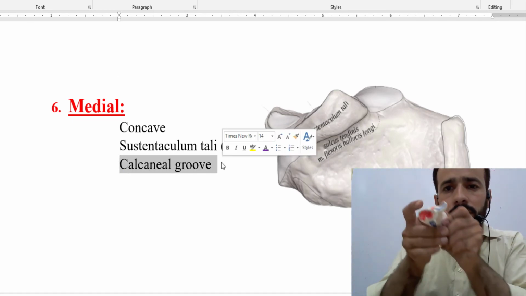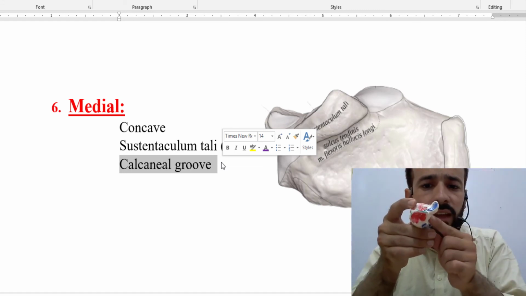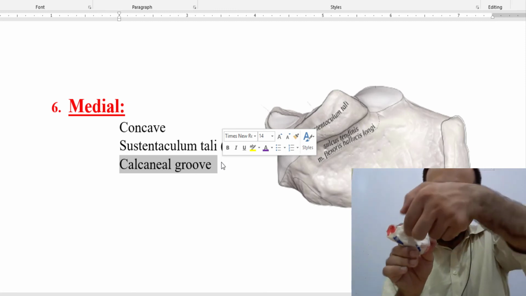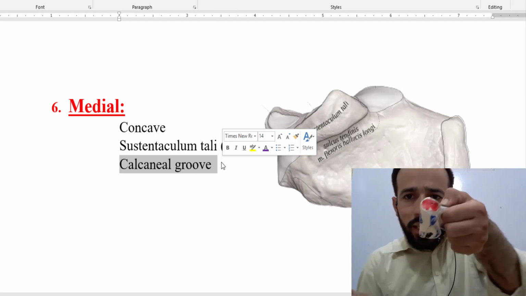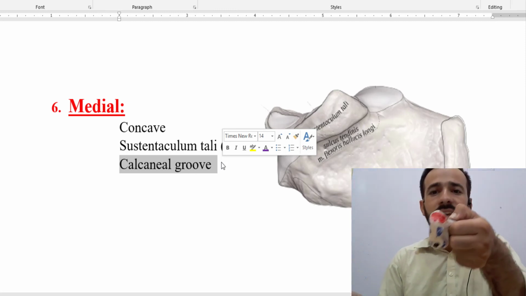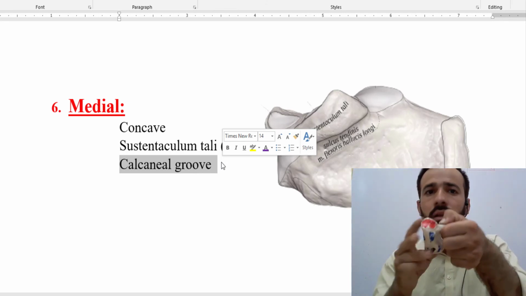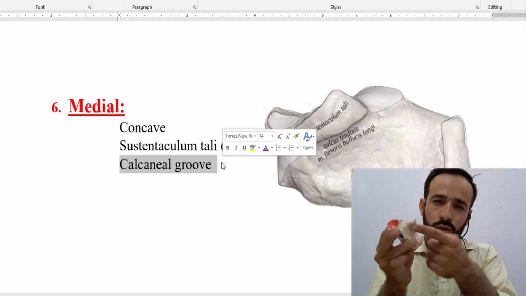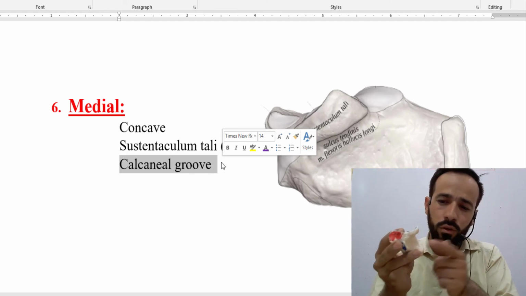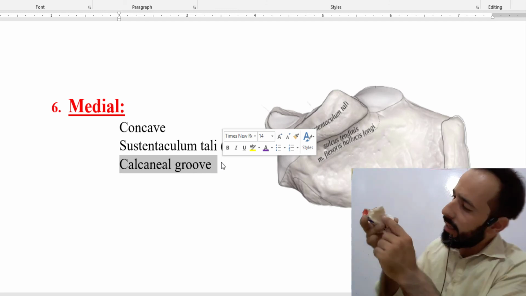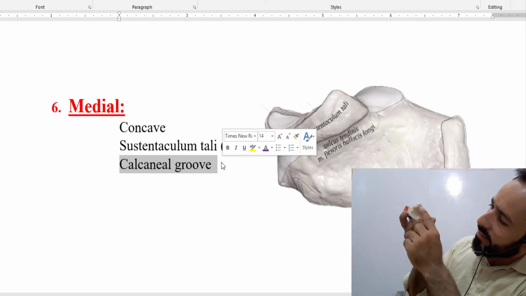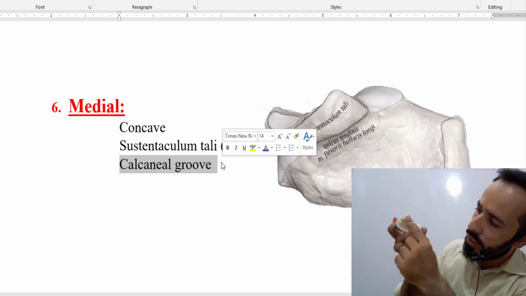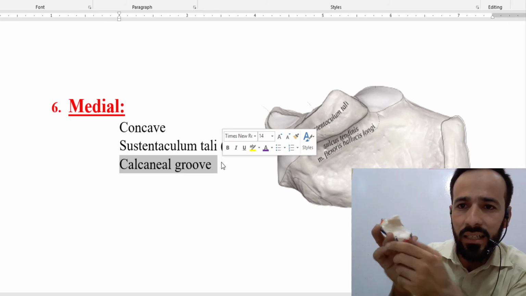This part has come out a little bit medially. This part which I'm holding in my hand is called the sustentaculum tali, which is a projection, an outward growth of this bone medially. And below the sustentaculum tali, there is a groove which is called the calcaneal groove.